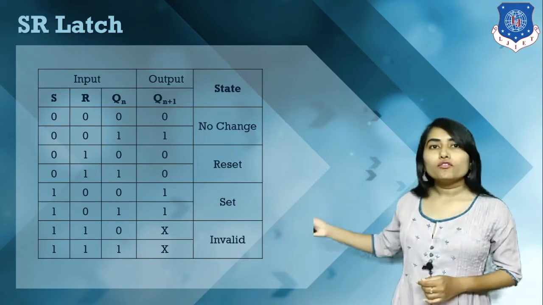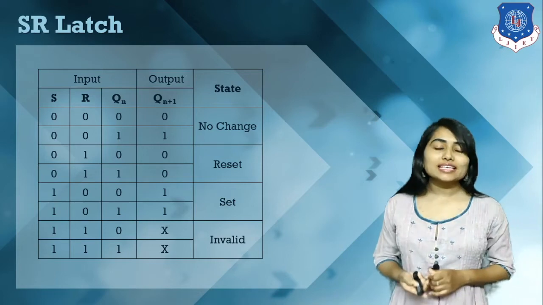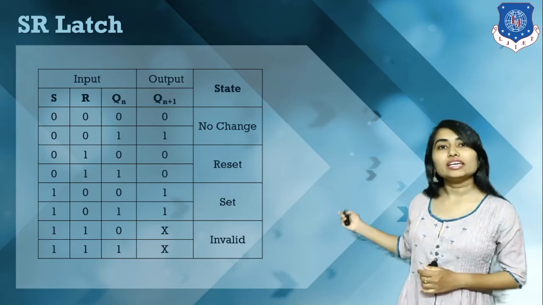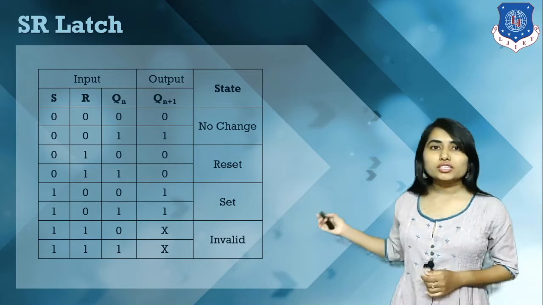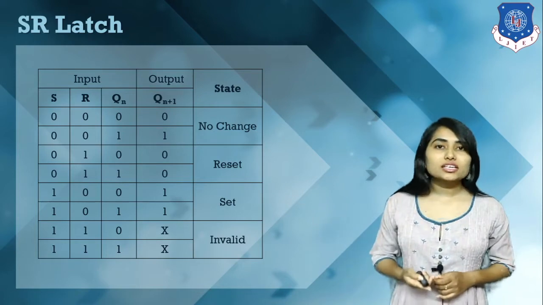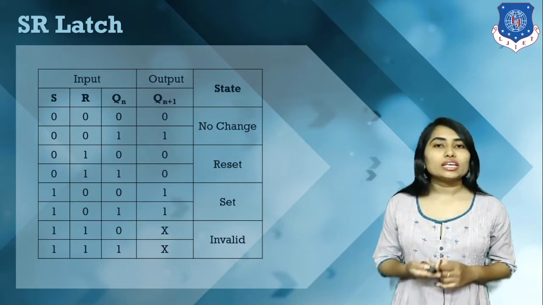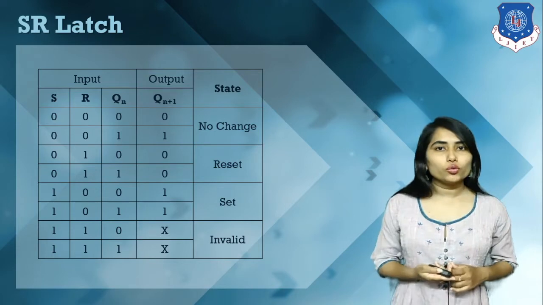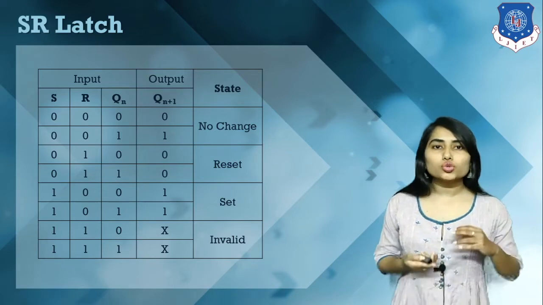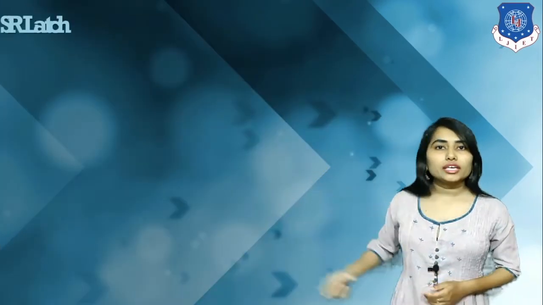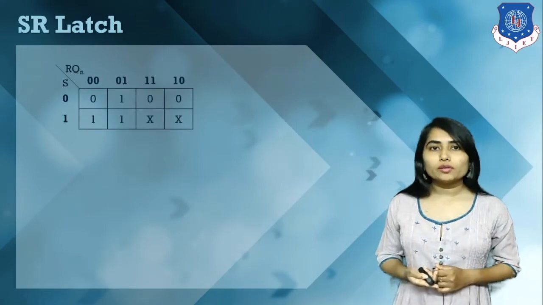Now for S and R equal to 1, 1, we have an invalid state. We represent this invalid state as a don't care condition. Now we can calculate the equation of Qn plus 1 using this truth table. Here we have a K-map of Qn plus 1.